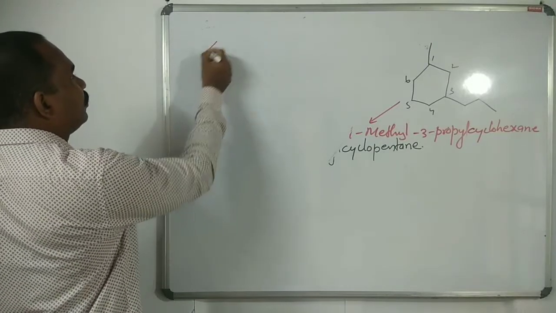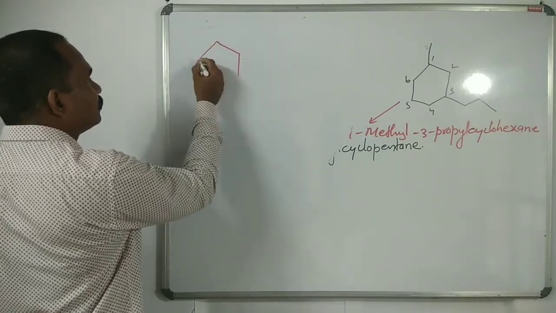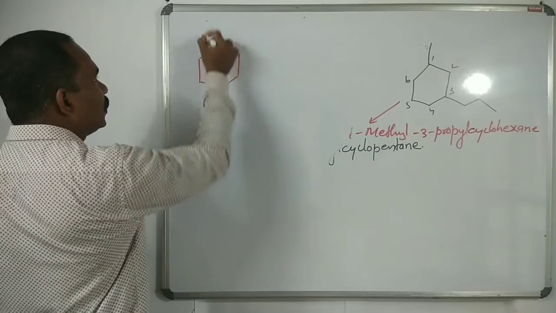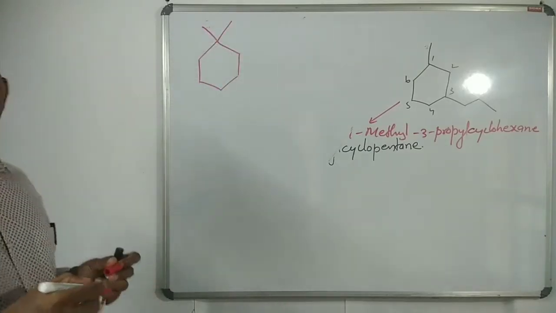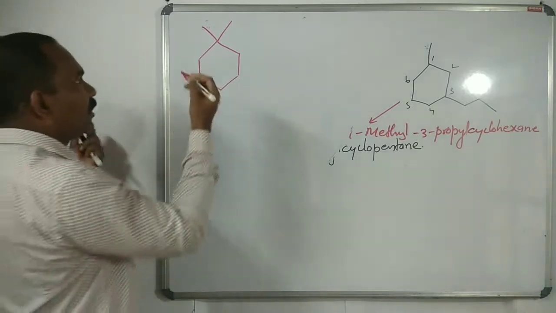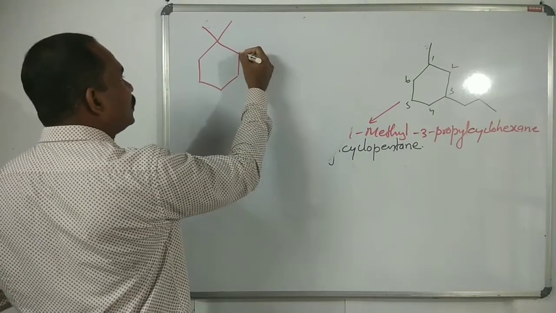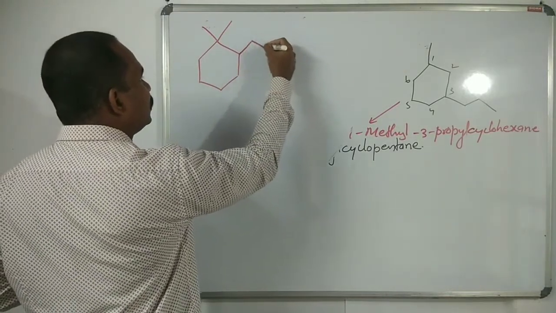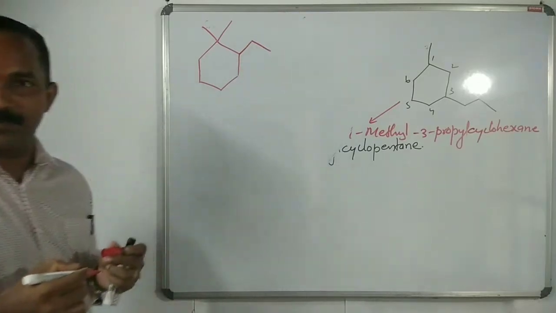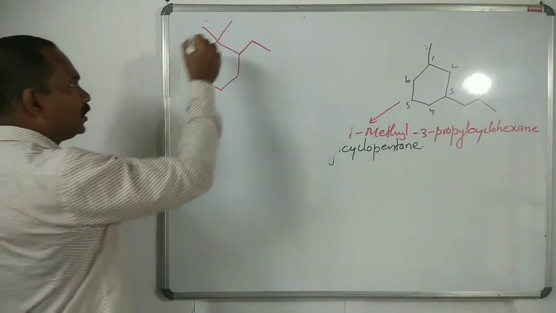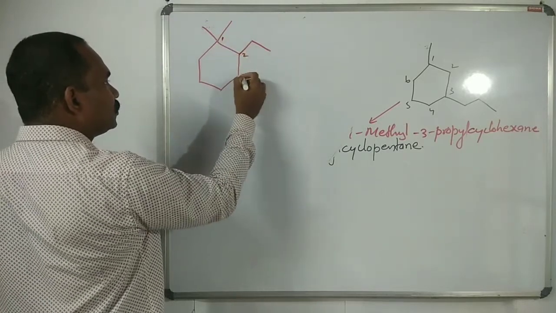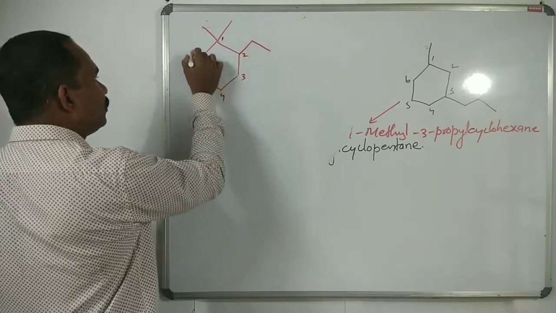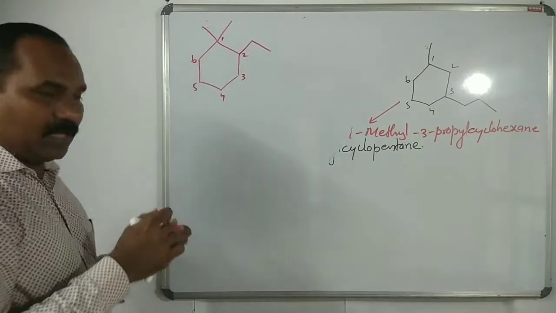Let's take an example: 2 methyl groups on the first carbon atom or any other carbon atom and 1 ethyl group. So the numbering is 1, 2, 3, 4, 5, 6.